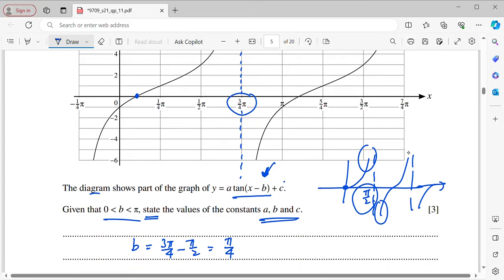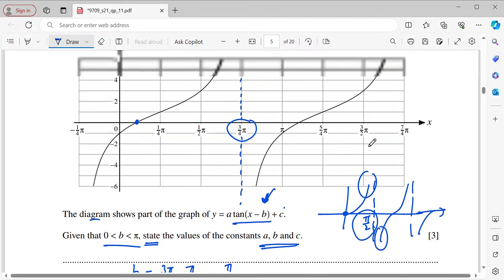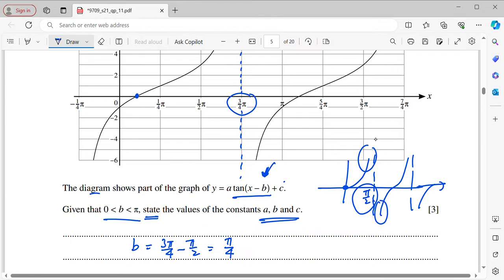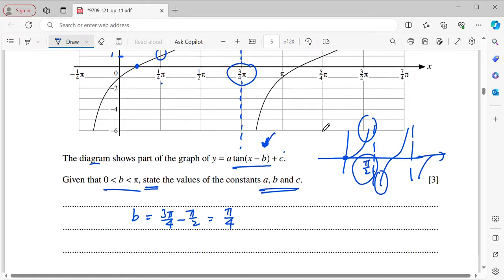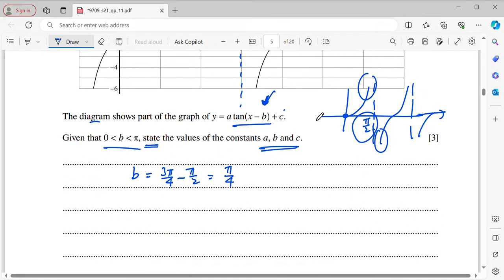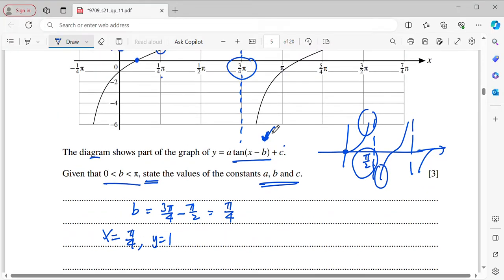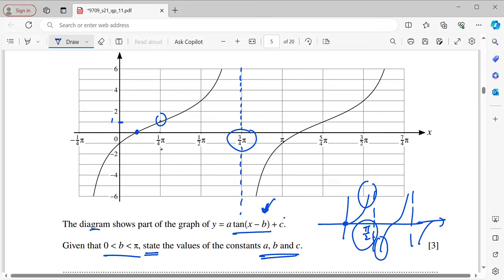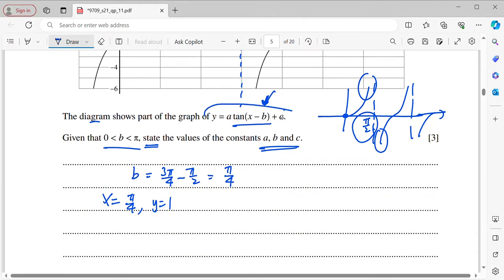Once you have found the b, then you can check what the c is. When finding c, you can just use a calculation. Let's say I take the point (pi over 4, 1). So when x equals pi over 4, my y equals 1. Substitute back into the equation: 1 equals a tangent of x minus pi over 4, plus c, since your b is pi over 4.